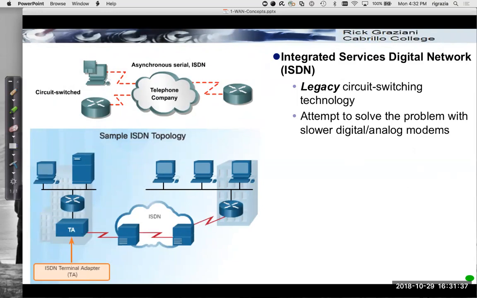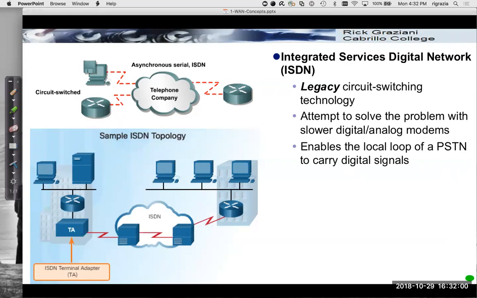I'm sure that it's impossible to get in the United States anymore. But what it wanted to solve was the problem with the slower digital-to-analog modems. ISDN still used the local loop and the public switch telephone network, because the PSTN was a digital carrier by this time, and used T1 links, which we're going to look at in a moment.